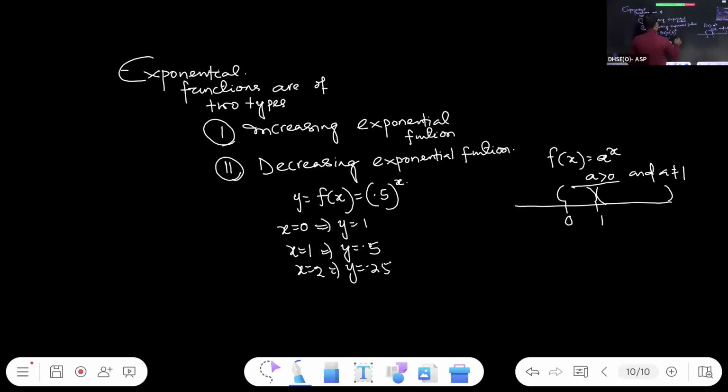If you take x is equal to 3, y will be 0.125. X is equal to 4, y will be 0.0625. Right? So when the value of x increases, the value of y decreases. So the function is a decreasing function.